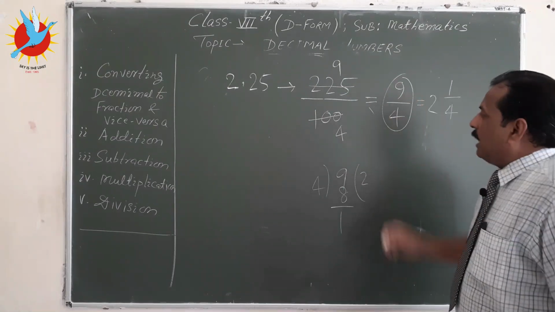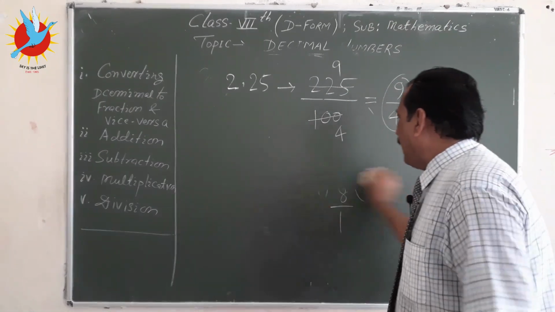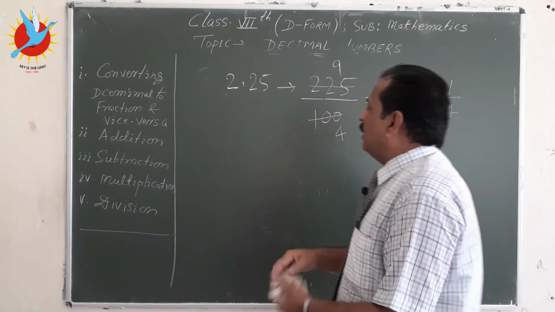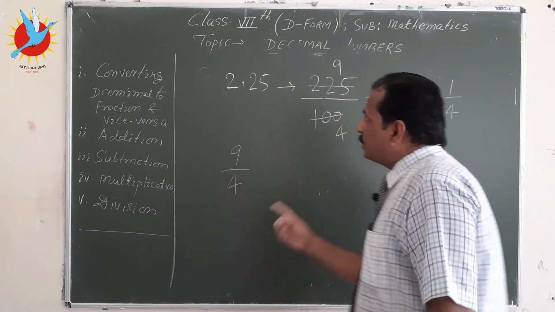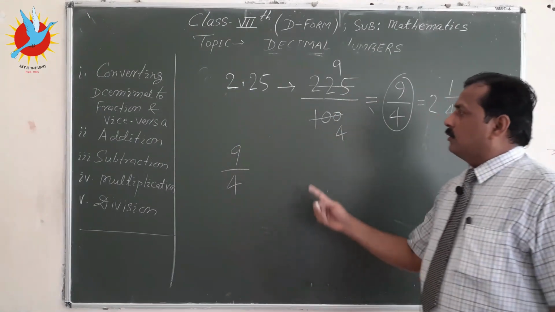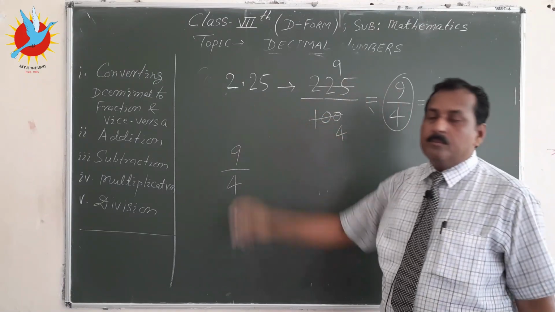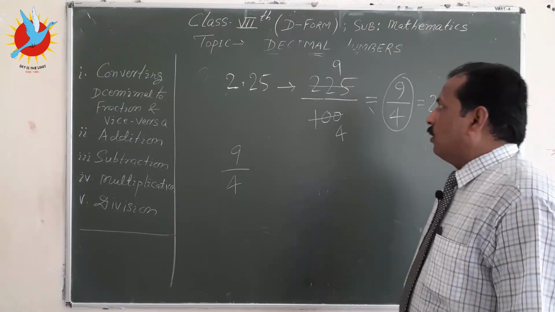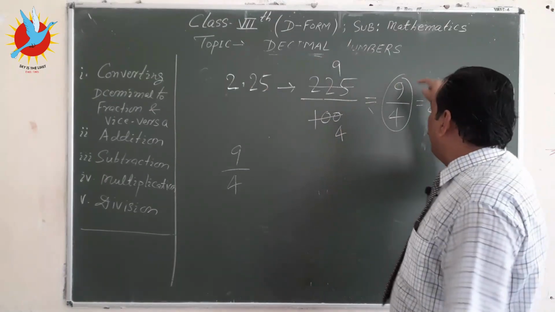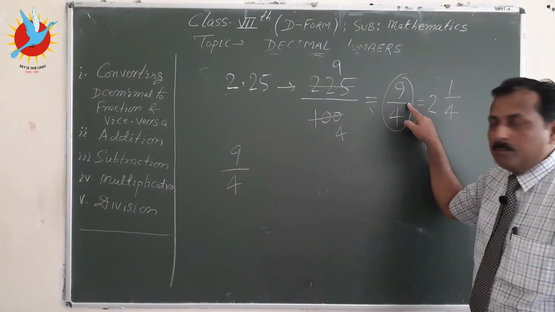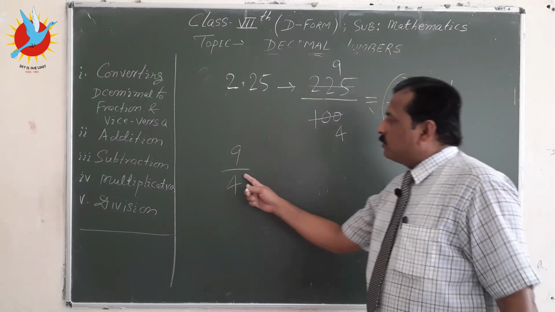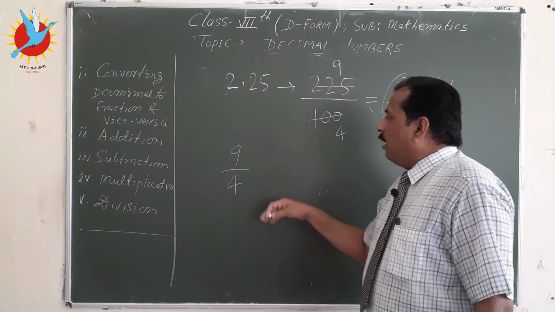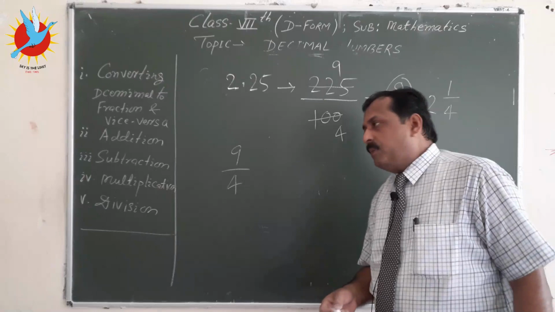Let us take this 9 by 4 fraction and convert it into a decimal and check what the result is, whether we are getting back the same result or not. So this is decimal to fraction and remember it, 9 by 4, and we are going to convert this 9 by 4 into a decimal number.